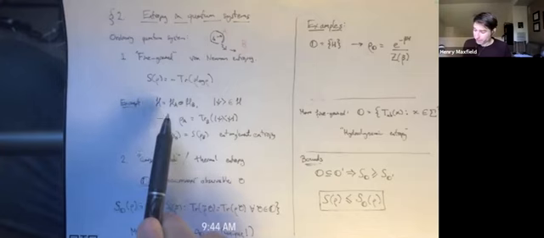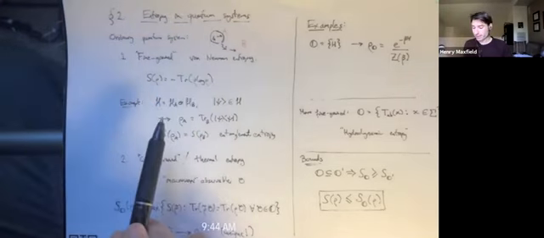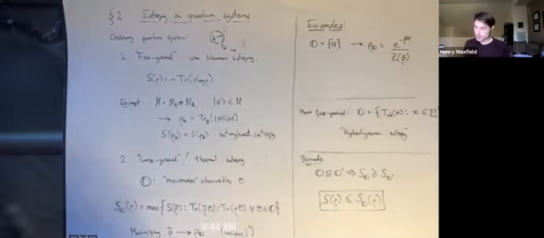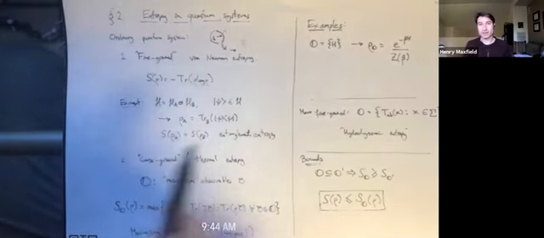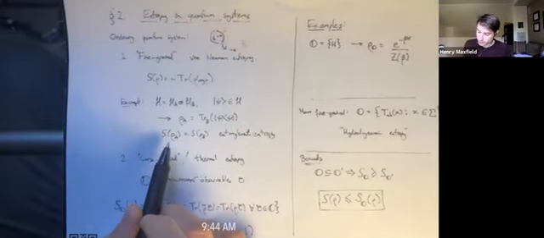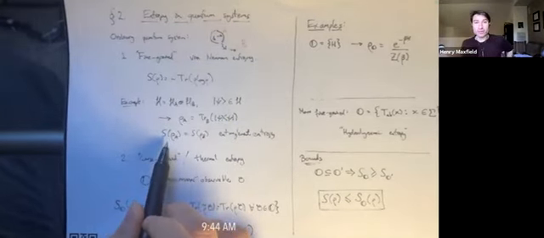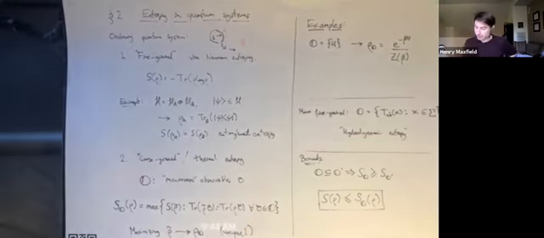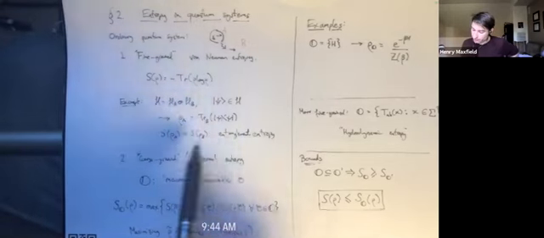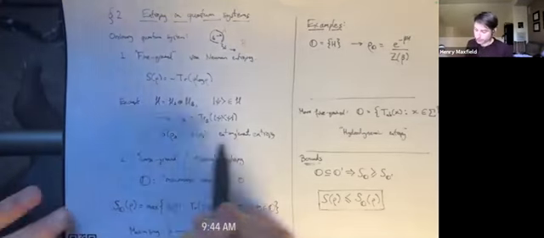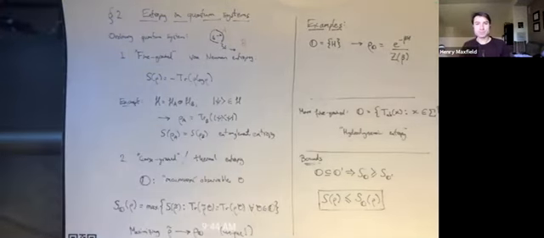If our system is bipartite and we have a pure state on the whole system, then if we throw away the degrees of freedom in B, we're just left with the degrees of freedom in A. Then the von Neumann entropy of rho A, which is equal to the von Neumann entropy of rho B, is quantifying the quantum entanglement between A and B. So this is the familiar entanglement entropy.